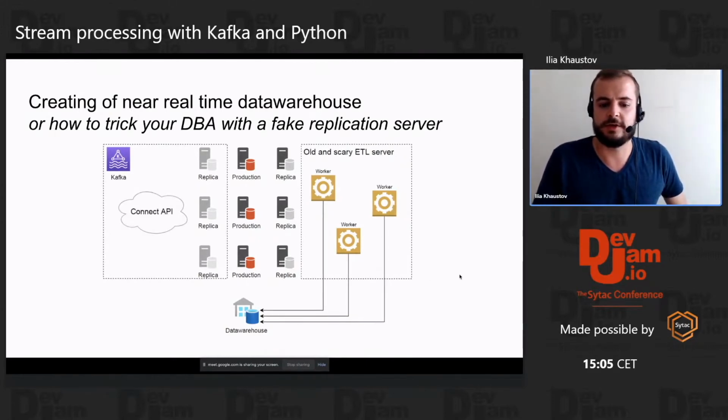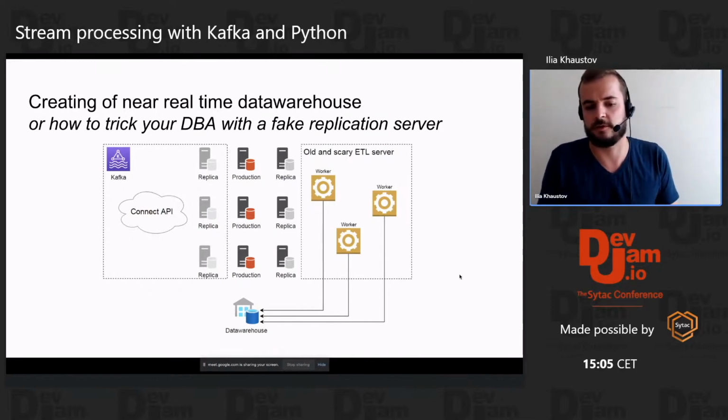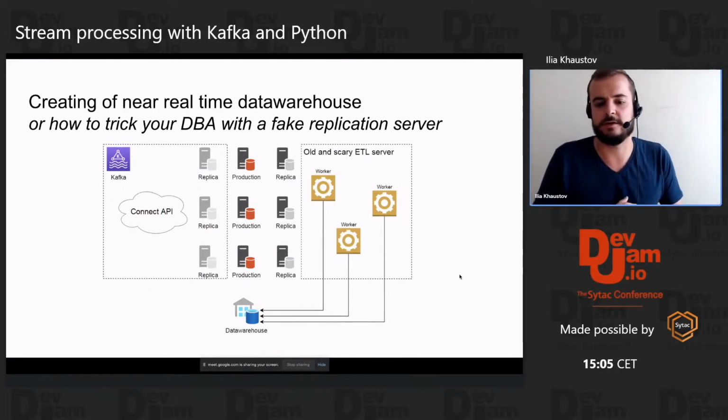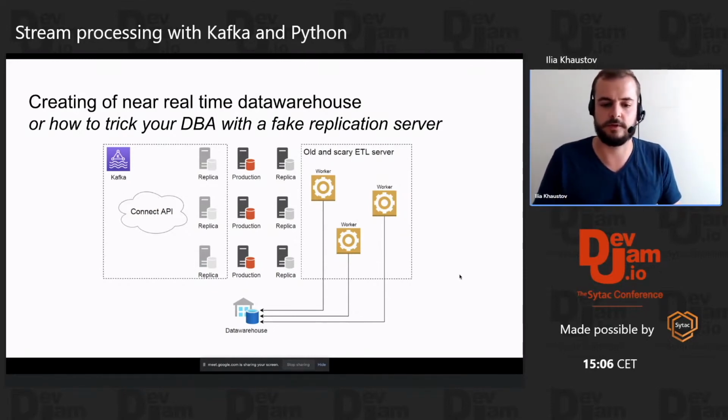And it streams data from databases, tricking them like they are talking to a replication server. And of course you need another set of connectors to read from Kafka Connect to the warehouse.